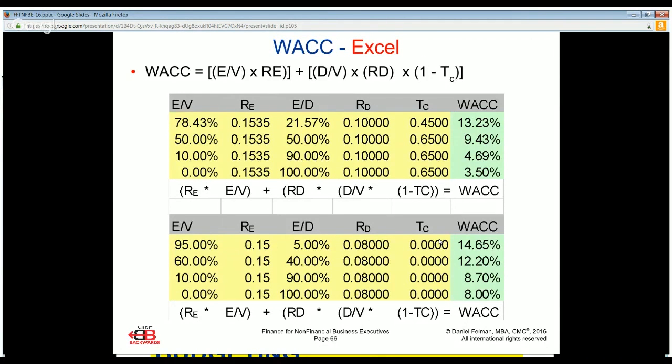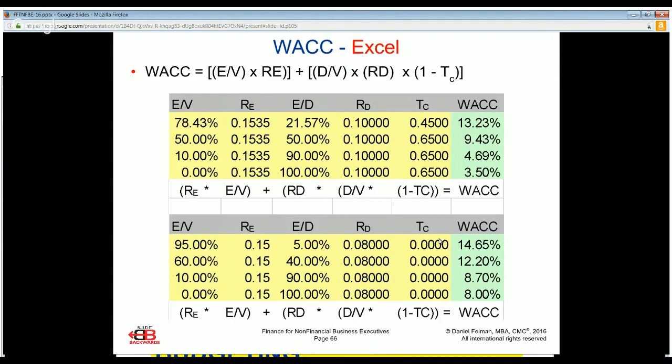Equity costs us 15%, debt costs us 8%. If we're 95% equity, 5% debt, WACC is 14.65. At 60% equity, 40% debt, it drops all the way to 12.2. At 10% equity, 90% debt, it drops all the way to 8.7.